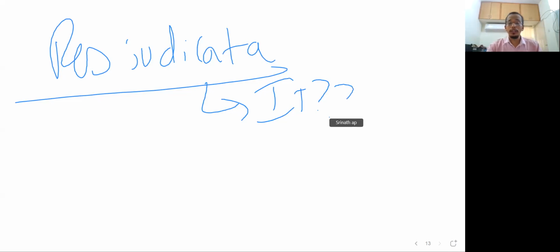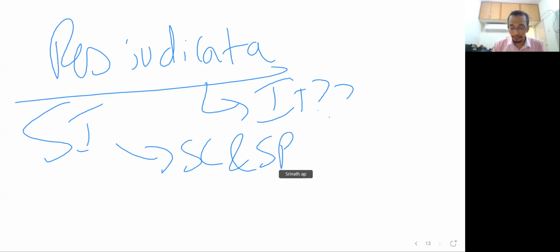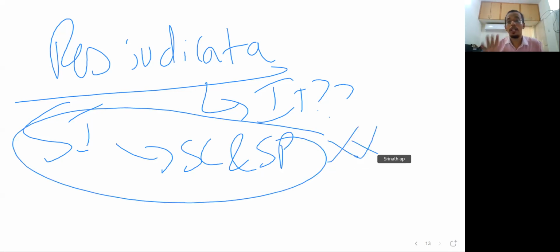Before we understand whether it is applicable, let's understand the meaning of res judicata. It is a case whereby the same issue cannot be taken to the same court by the same party. Same issue, same court, and the same party. Not possible.